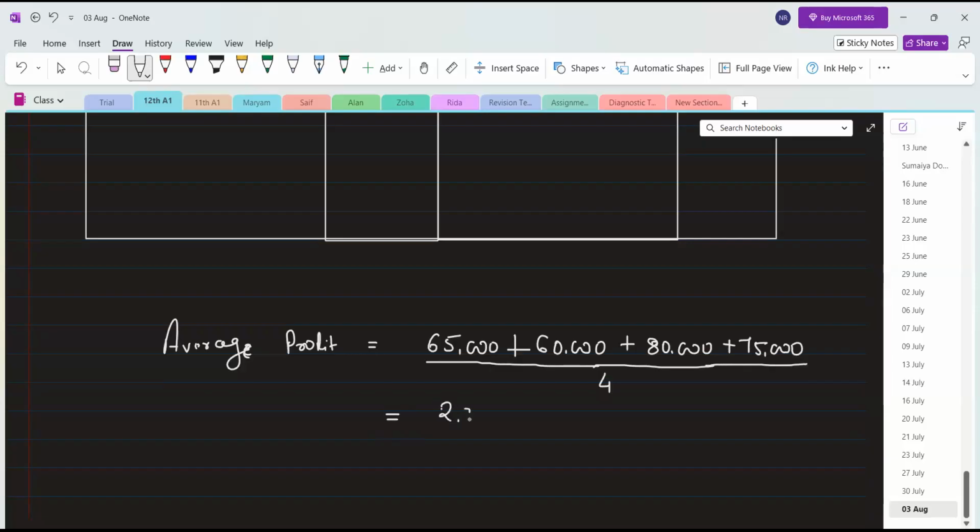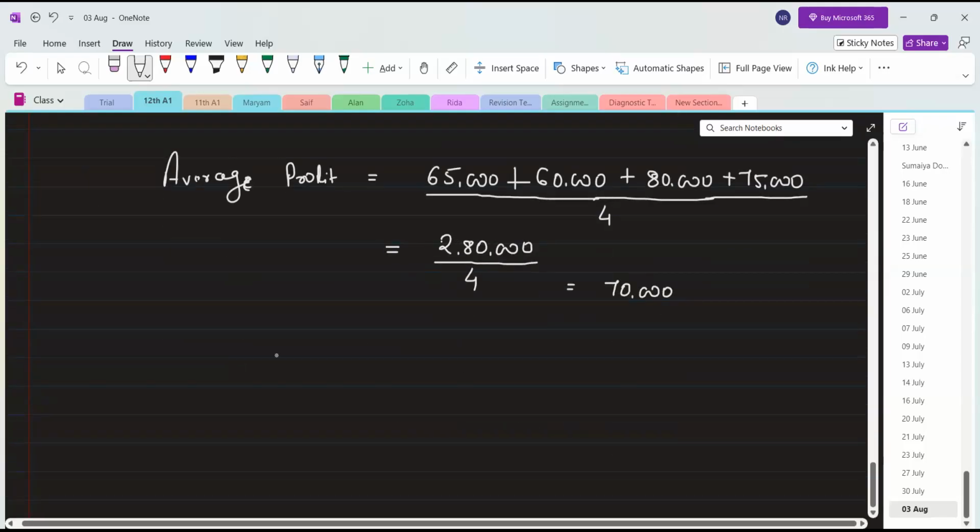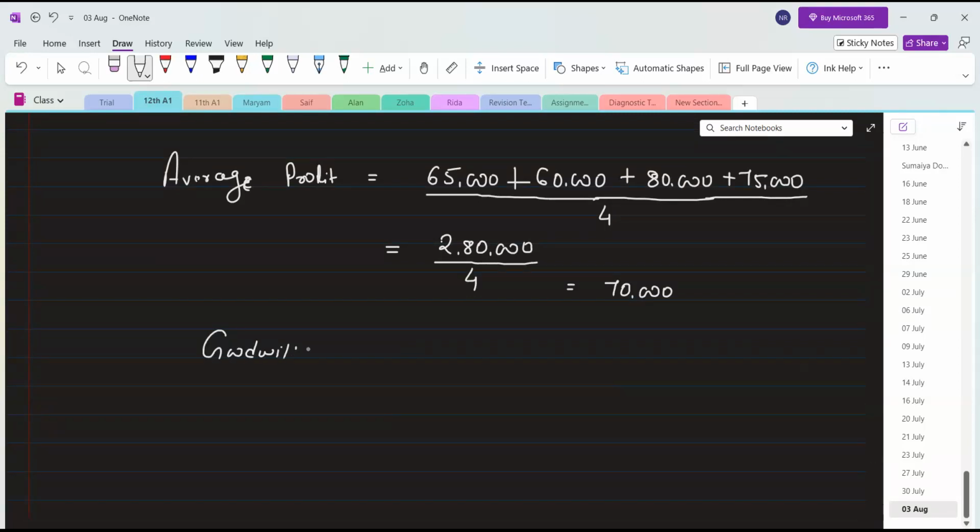It is 2,80,000 divided by 4. That is 70,000. Goodwill is 2.5 years purchase, so goodwill equals to 70,000 into 2.5. It will be 1,75,000. So we have calculated the value of goodwill.